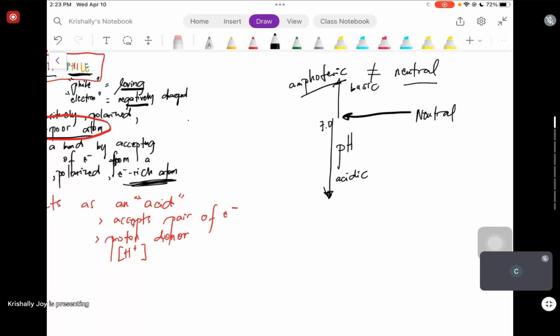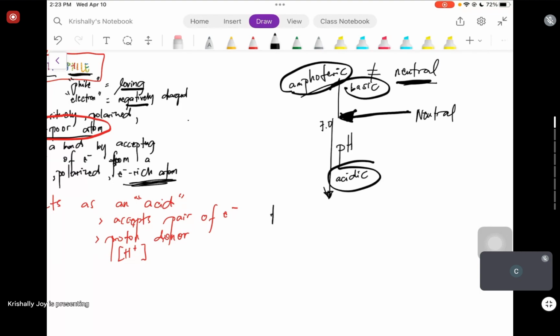Okay, so magkaiba yung concept na amphoteric sa neutral. Kung neutral, it's in between acid and base. Hindi siya acid, hindi din siya base, but neutral siya. It's in between. Amphoteric, pwede siya acid, pwede siya base, depende sa reaction.